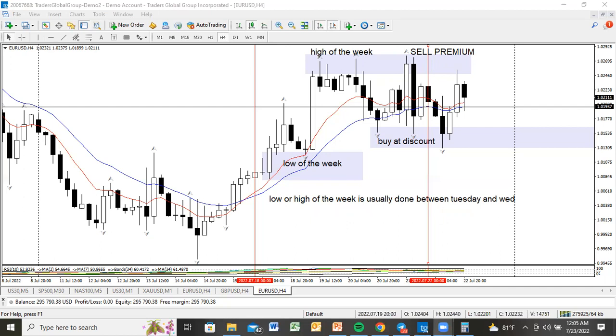So ICT tried putting it into a package and called it kill zone. You have your New York kill zone, your London kill zone, your London close, your Asian kill zone and all that. But to be honest with you, if you are not paying attention to time, it is time to start paying attention to timing. All right.